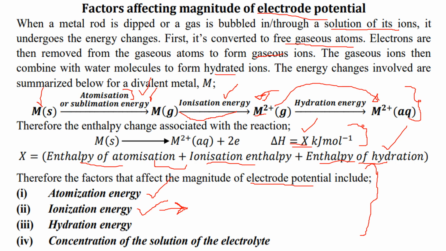And after the gaseous ions are formed, they are going to be hydrated, and the energy evolved is going to be called hydration energy. Now, the other factor that's going to determine the magnitude of our electrode potential or reduction potential is going to be the concentration of the solution in which the electrolyte is present. So the higher the concentration, the higher the magnitude of our electrode potential, and the opposite is true.